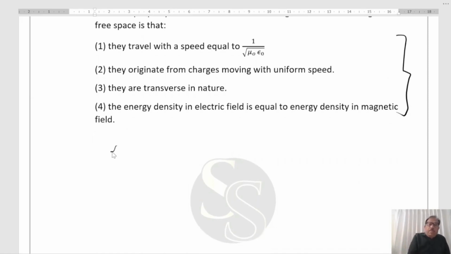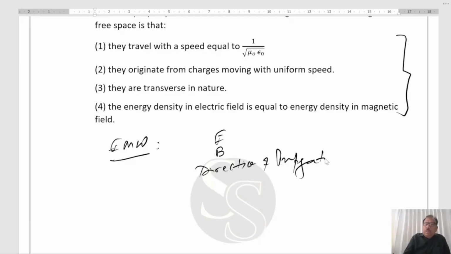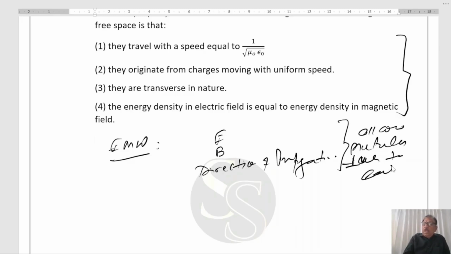What is an electromagnetic wave? An electromagnetic wave is one in which the electric field vector, magnetic field vector and direction of propagation are all mutually perpendicular to each other, right?